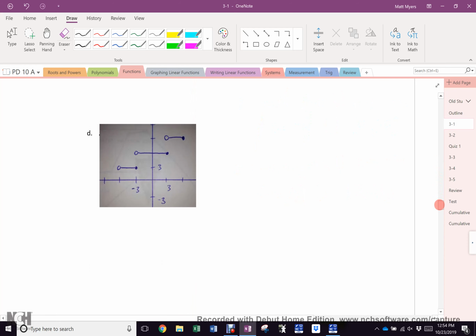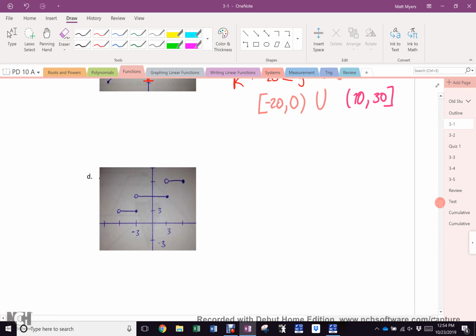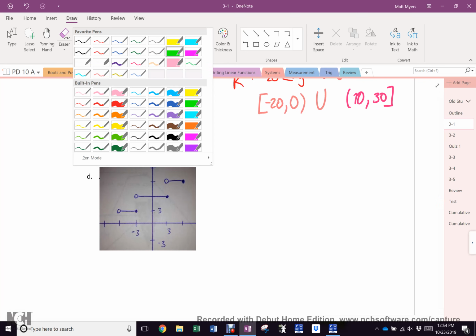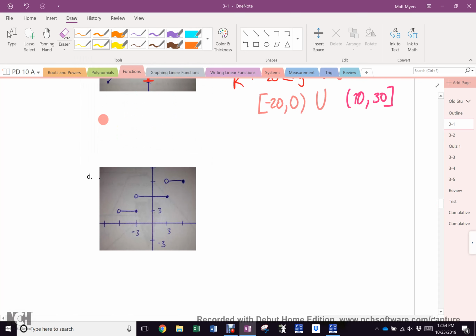All right. Let's look at this one. Now, this one's weird. First thing I want to ask you, is it a function? Let's take our vertical line. Is it a function? Most of you say no, except RJ. Why is it a function? Because it's like the hollow one.